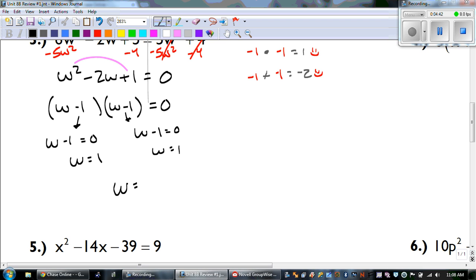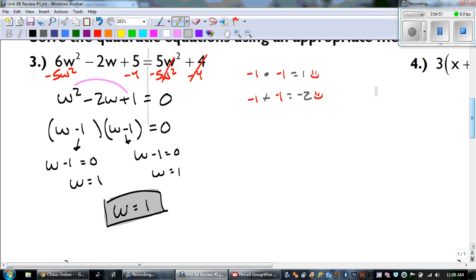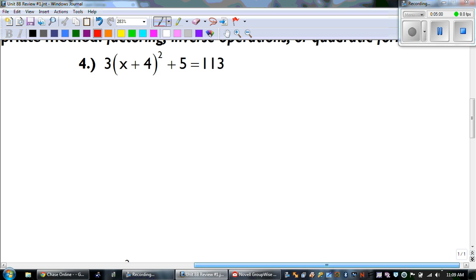So our answer is w equals 1. Okay, so we solved that one by factoring.